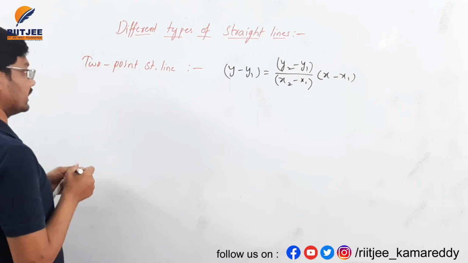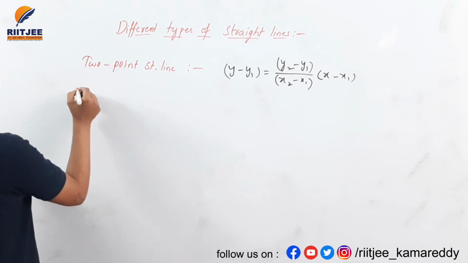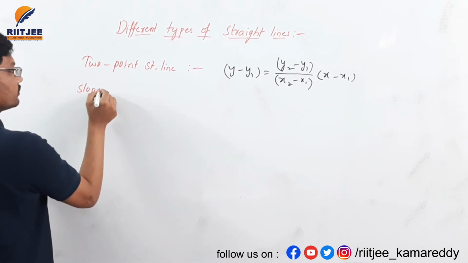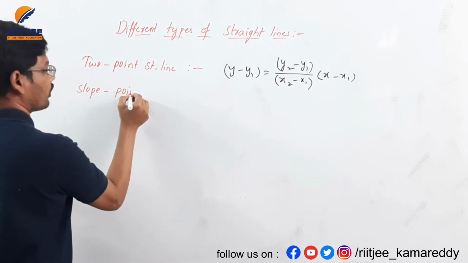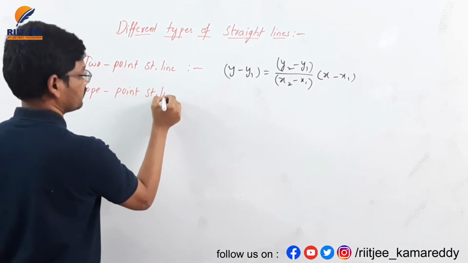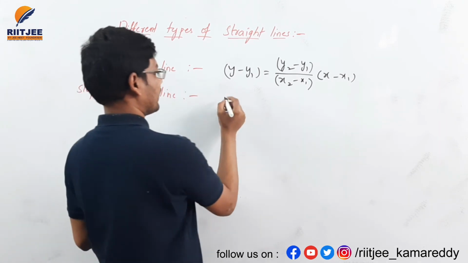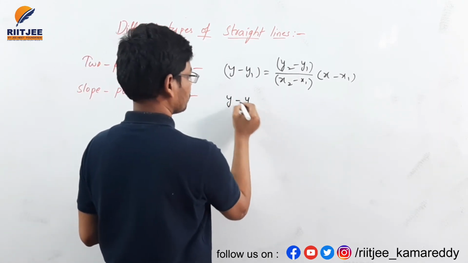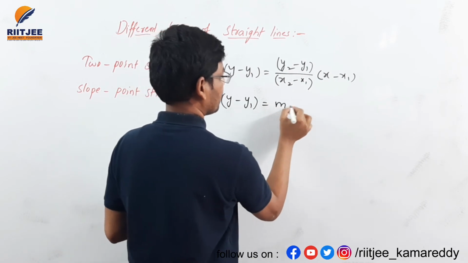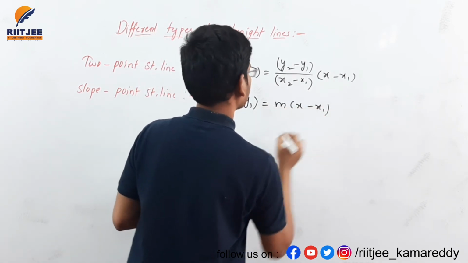The next one is the slope and point form of the straight line equation: y minus y1 is equal to m into x minus x1.